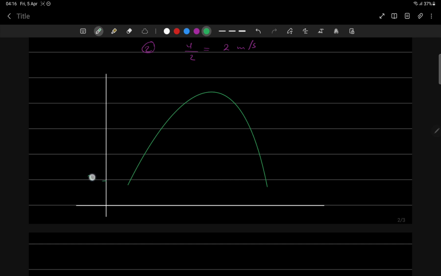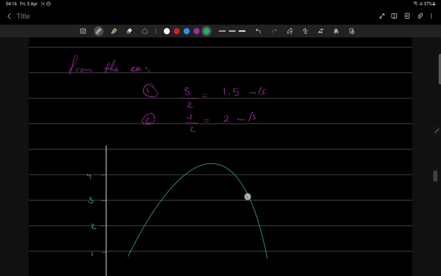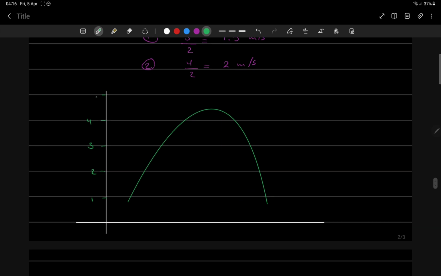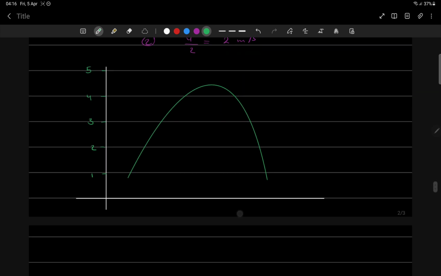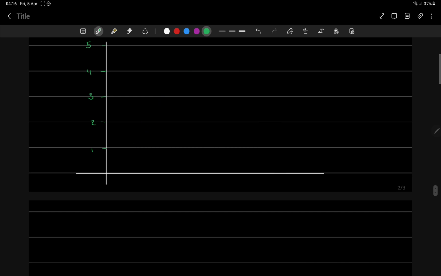So here, this is x1. Let's say that this here is 1 meter, 2 meters, 3 meters, 4 meters. Okay, let's just make it up to 4. And we have here time.